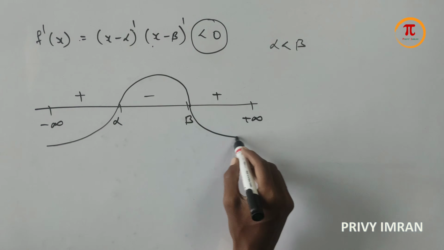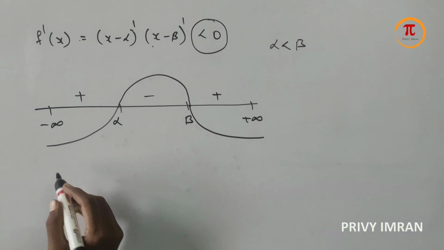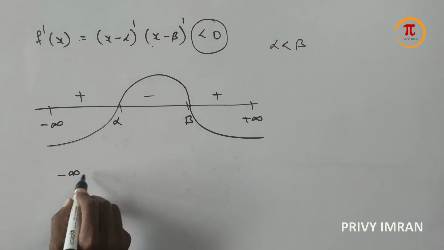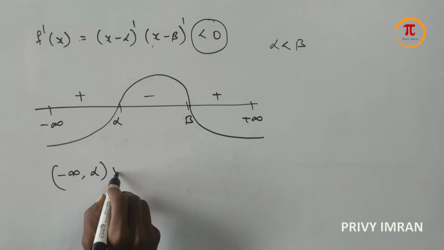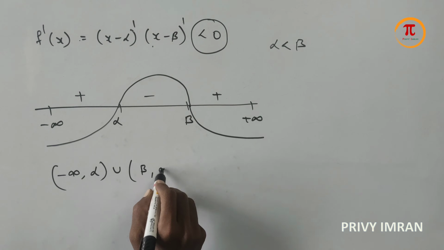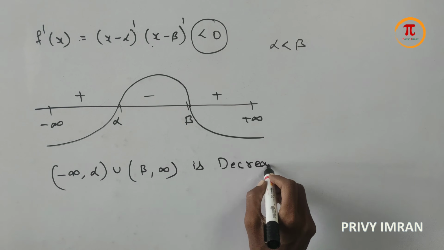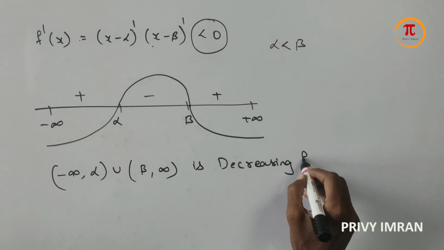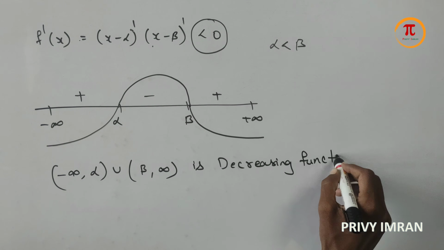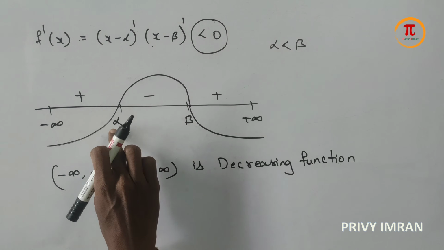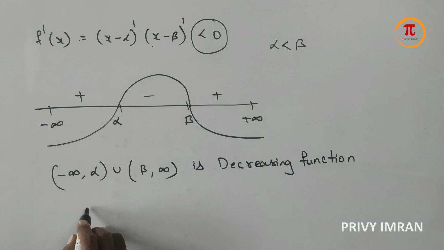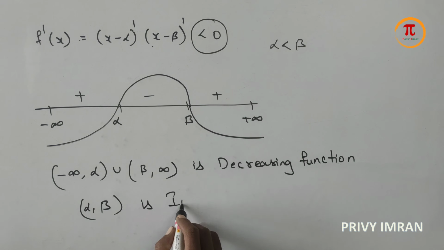Hence we can conclude that minus infinity to alpha union beta to infinity is a decreasing function. And again we can conclude that alpha to beta is an increasing function.